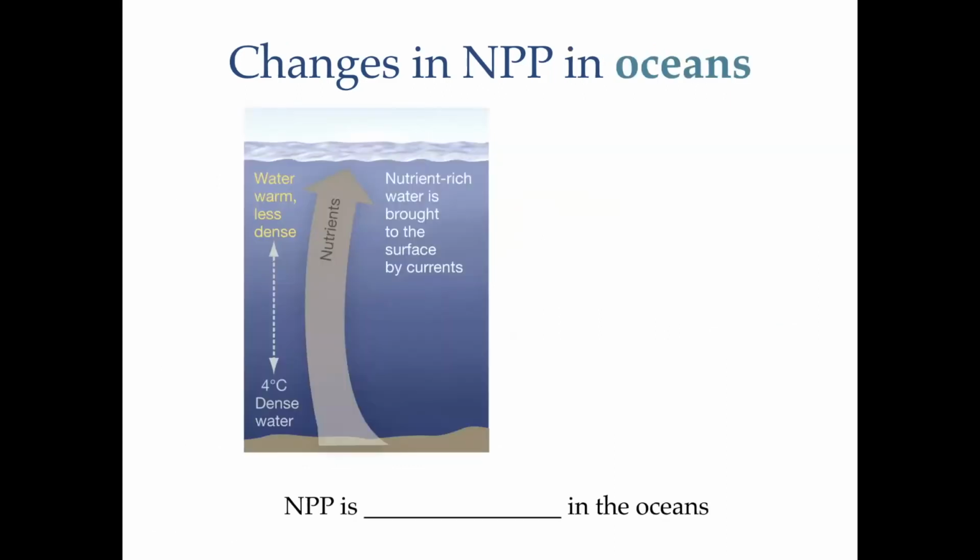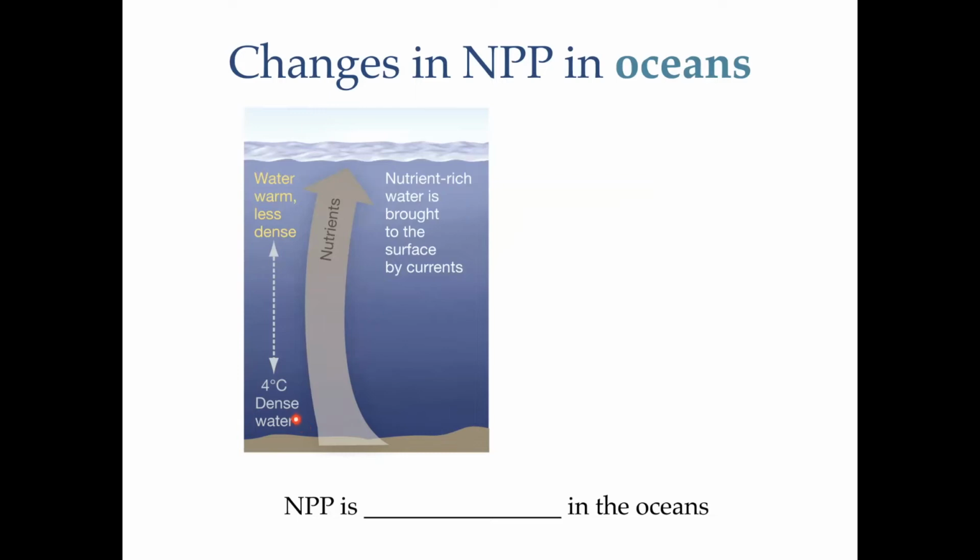And what about in the oceans? How is net primary productivity changing in the oceans? Naturally, in normal situations, what we are going to have in the oceans is a thing like this, and I've already talked about the upwelling movement of the waters. What that means is that closer to the bottom of the sea, you have the colder water.